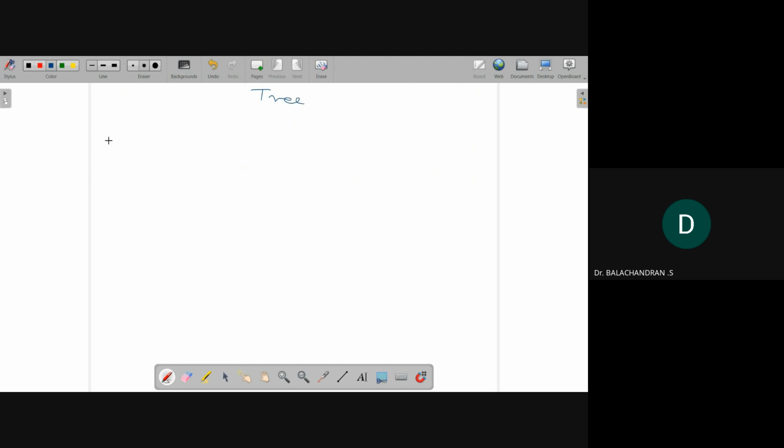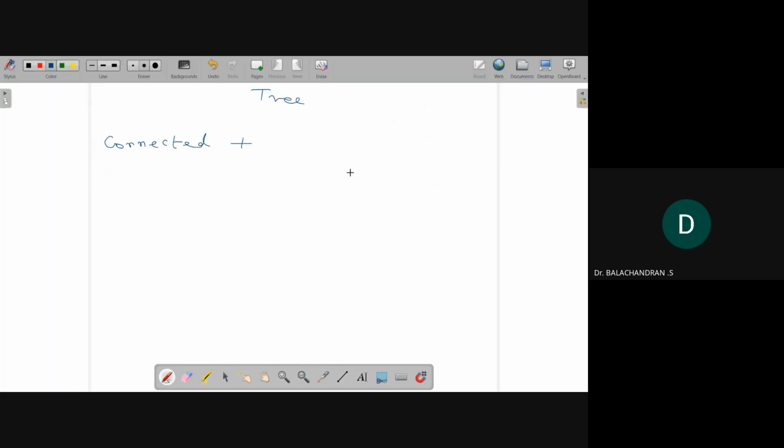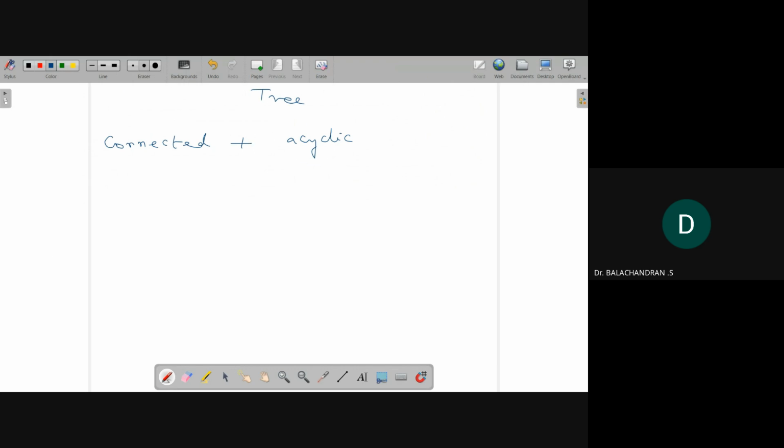I think in the last class we discussed what a connected graph is. Connected plus no cycle, or acyclic. Or you can say it has no cycle.